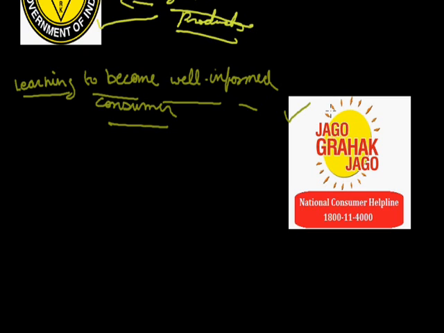Not only these types of pictures and posters are given in the newspapers and pasted on streets, but ads are also given on Doordarshan and other television channels, where the helpline number, which is 1-800-114-000, is also written, which is a toll-free number.